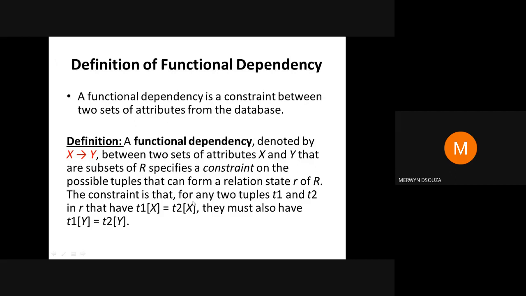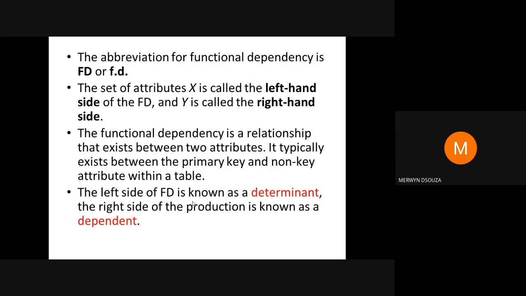So let's see with an example what this definition means. But before we see the example, let's look at some more terms. The abbreviation for functional dependency is FD. The set of attributes X is called the left hand side of the functional dependency and Y is called the right hand side.